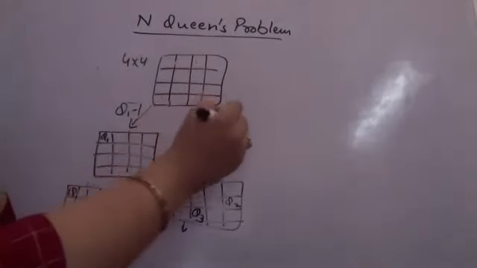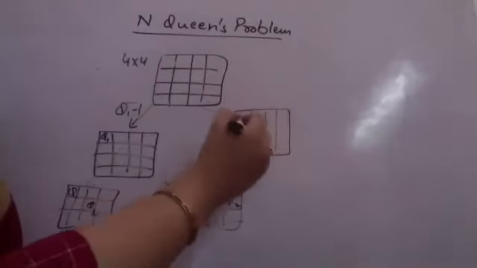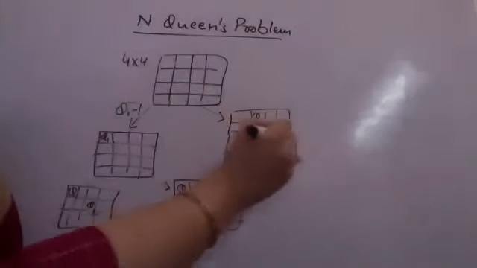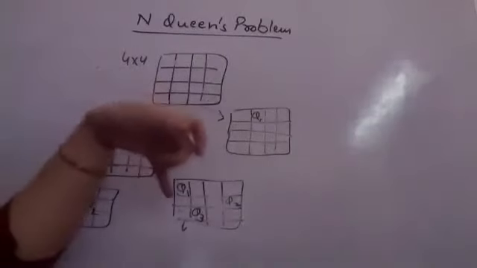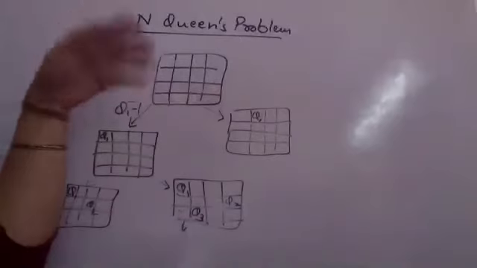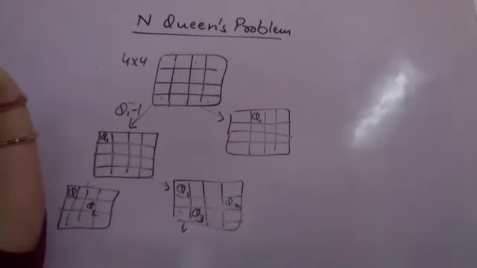Now give Q1 another possible column. So I put Q1 in the second column and again try creating solutions which satisfy my conditions. Are you all understanding the concept of backtracking? I backtrack my given solution and then keep on changing till I am able to find a feasible solution.